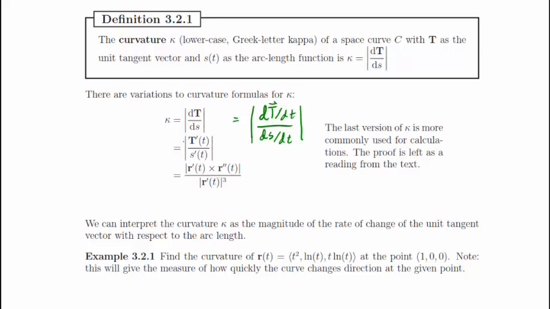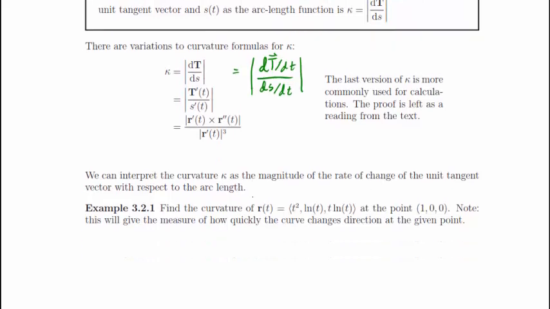The proof is not going to show necessarily that the numerators and denominators line up exactly, but work through that proof out of the text if you want. Here we're just going to use this to make our computations.